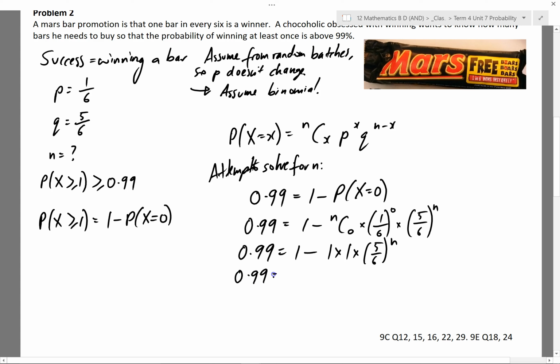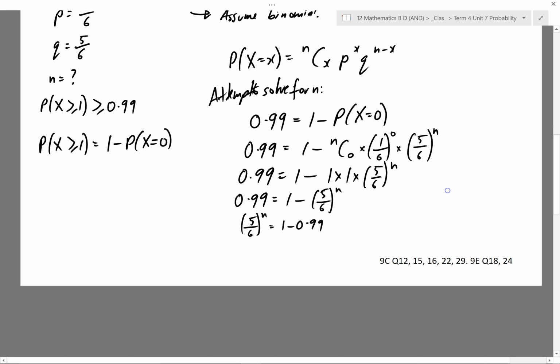Okay, so what I'm ending up solving is going to be just an exponential equation. So I can do a little bit of rearranging. I'll bring the 5 on 6 to the power n to this side and the 0.99 to the other side. Okay, and you should be okay solving these now.